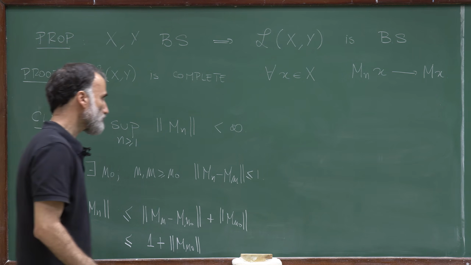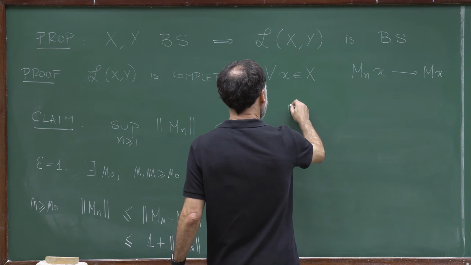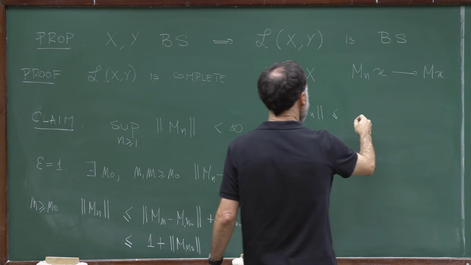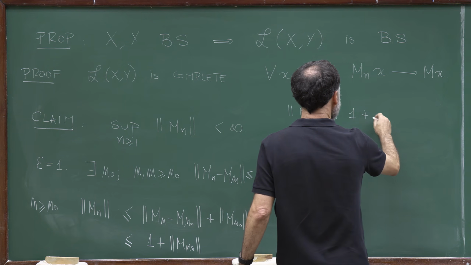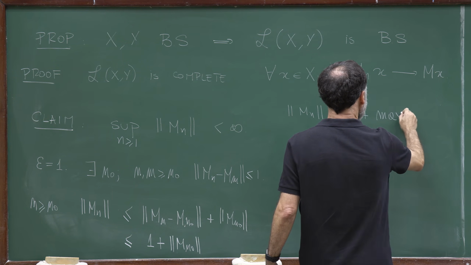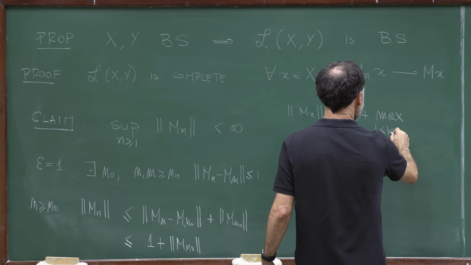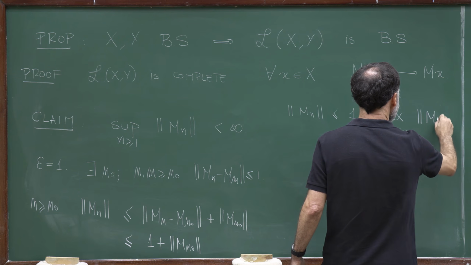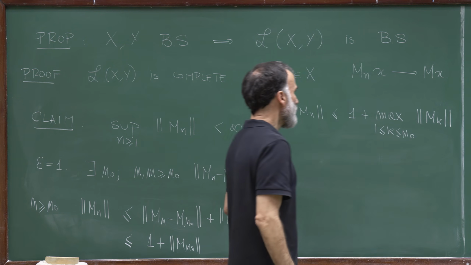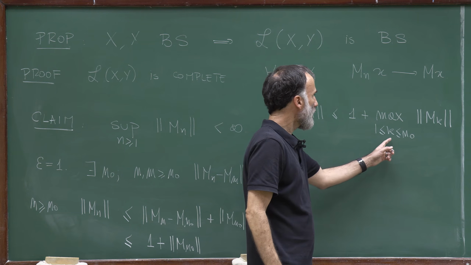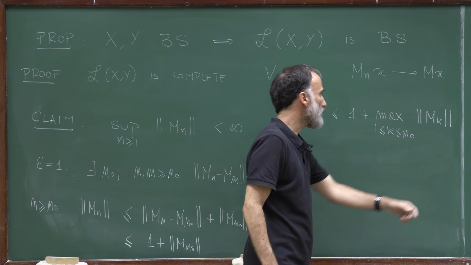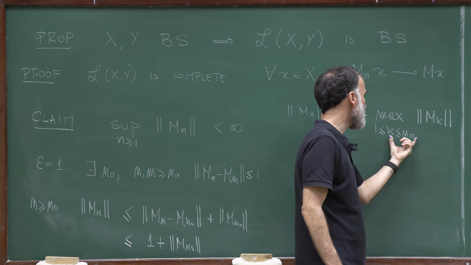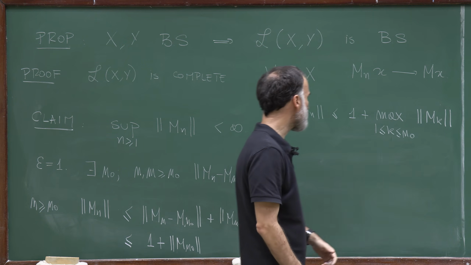And this shows that the norm of Mn is bounded by 1 plus the maximum, for k from 1 up to n0, of the norm of Mk. Since each Mk is a bounded linear operator, these norms are finite, therefore this maximum is finite, and therefore 1 plus the maximum is finite.